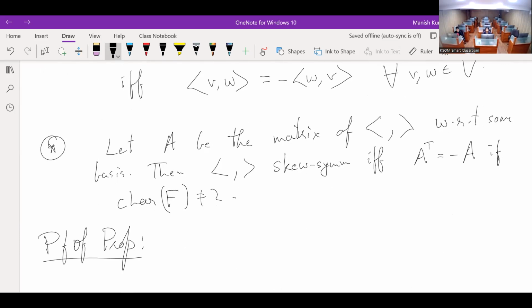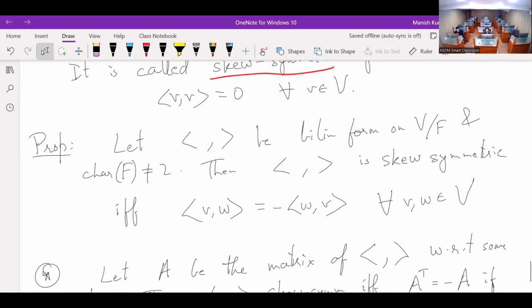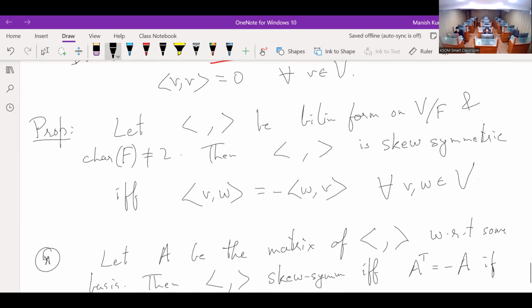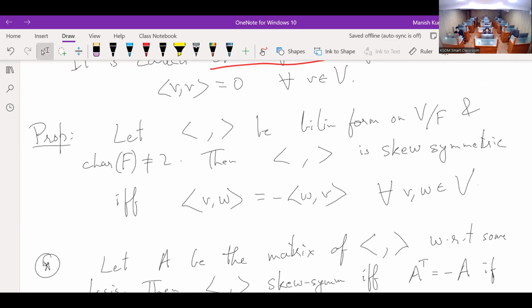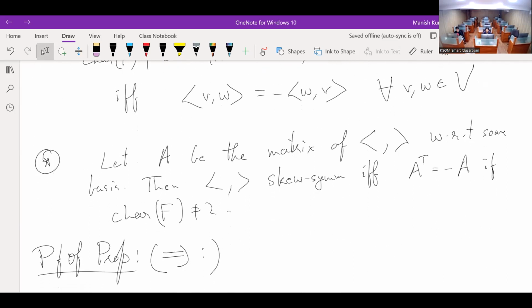So maybe let's do the forward direction. Both directions one has to prove. We are assuming (v, v) is 0 for all v in V, and we want to prove that (v, w) is minus (w, v).